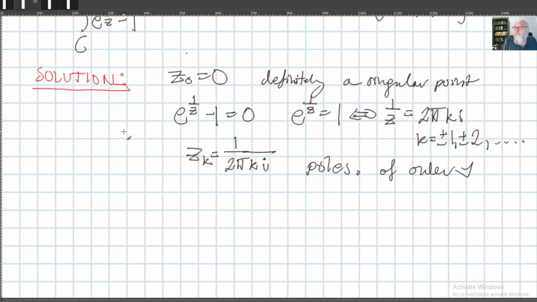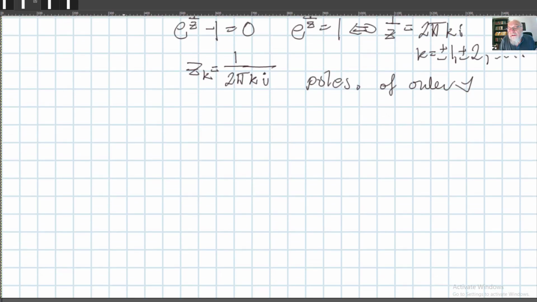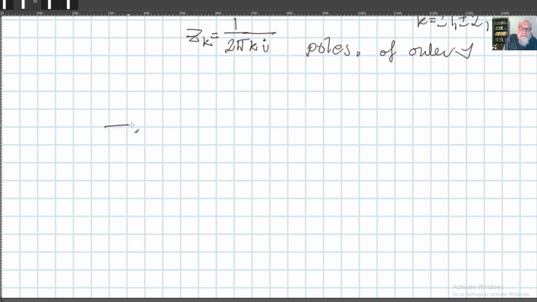So let me make a picture where these points are. Let's make a small coordinate system. Here is my first singular point, 0, 0, and then for k equal to 1 we get i divided by 2 pi.